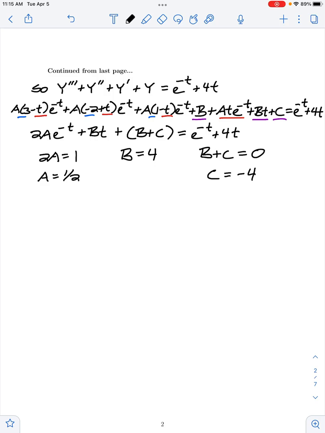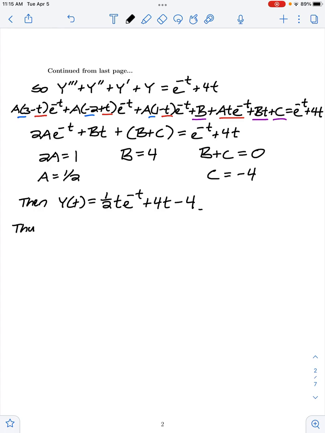So substituting these constants back into the general form for our particular solution, we find the particular solution would be a, which was 1/2 t e to the negative t, plus b, which was 4 times t, plus c, which is -4.